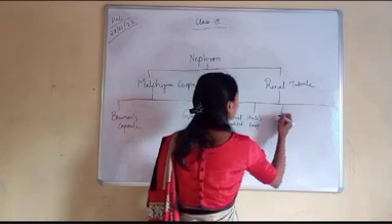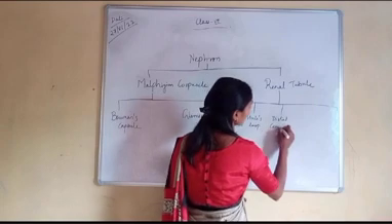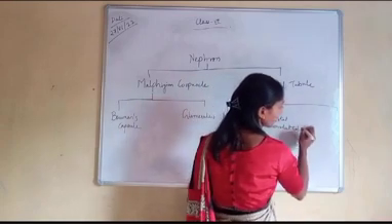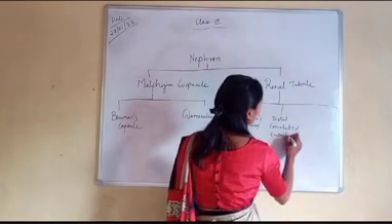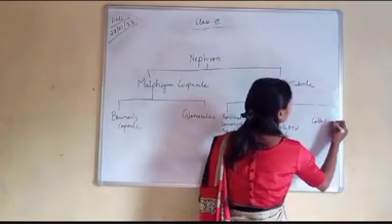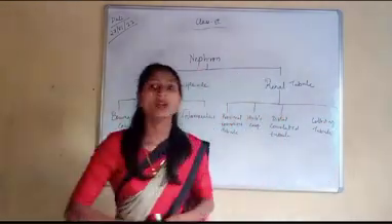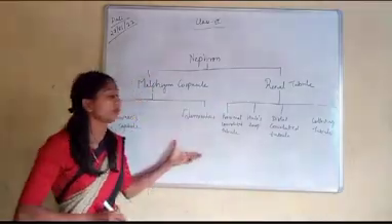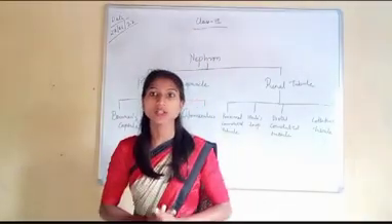Third one is your distal convoluted tubule. And the last one is your collecting tubule. Okay. So these are the parts of a nephron. Now we will see the structure of a nephron.